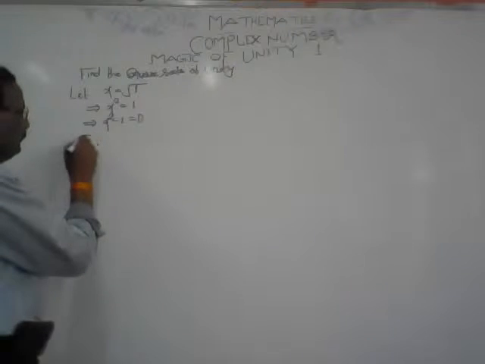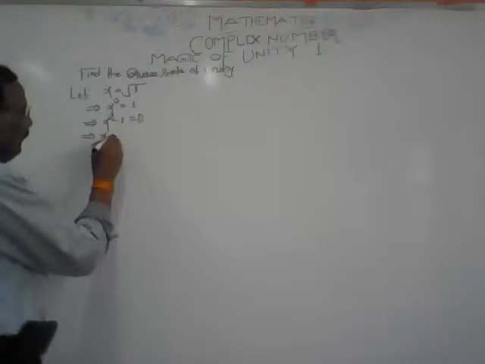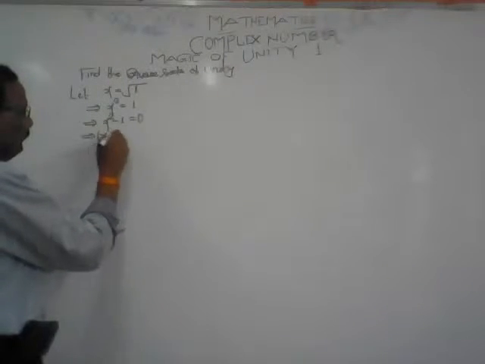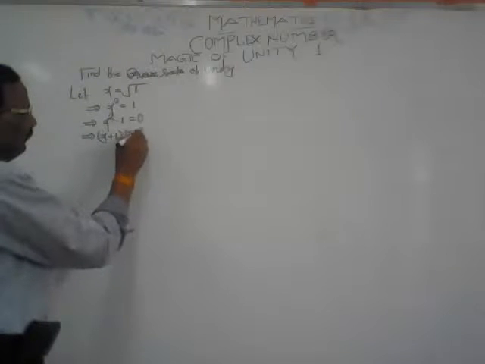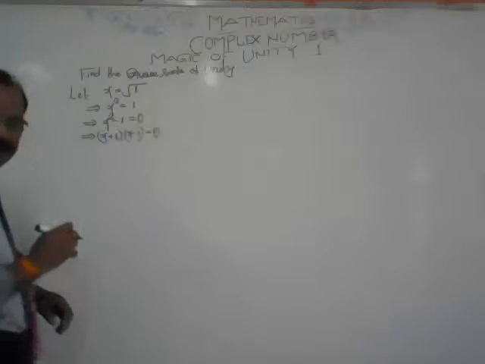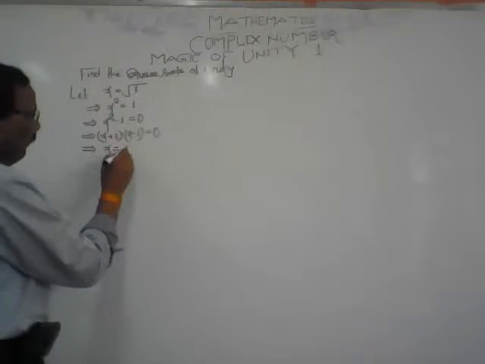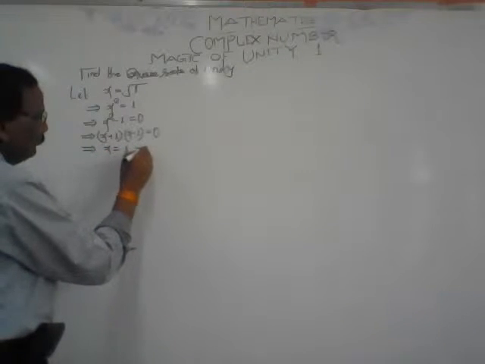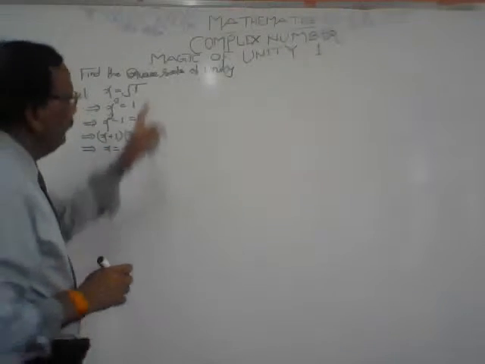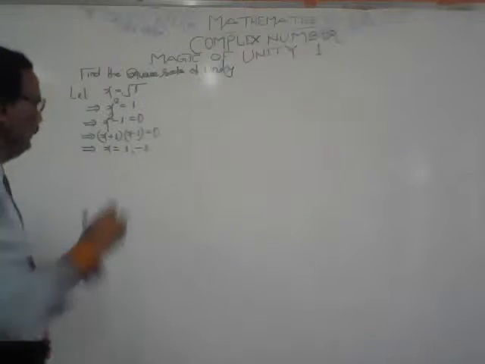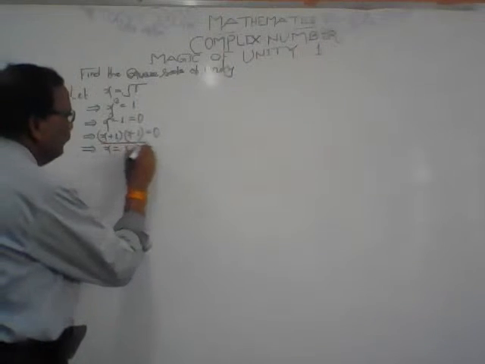This implies x plus 1 into x minus 1 is equal to 0. This means x is equal to 1 and minus 1. Square root of unity means 1 and minus 1.